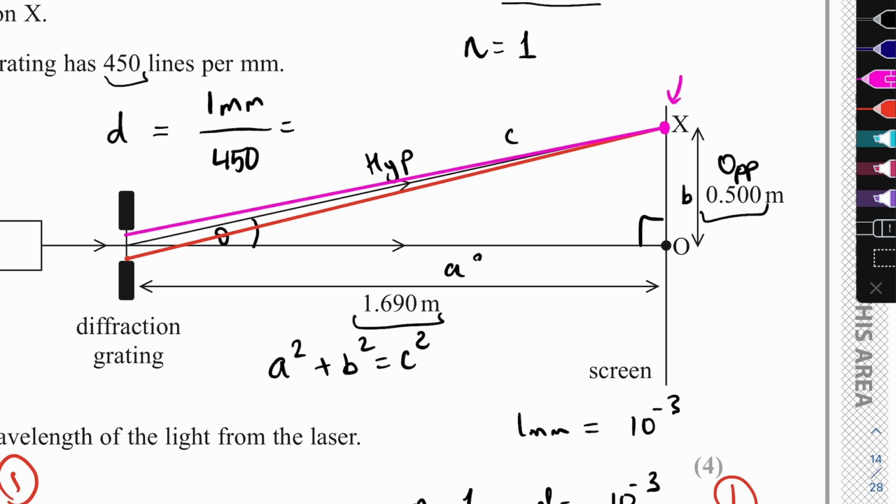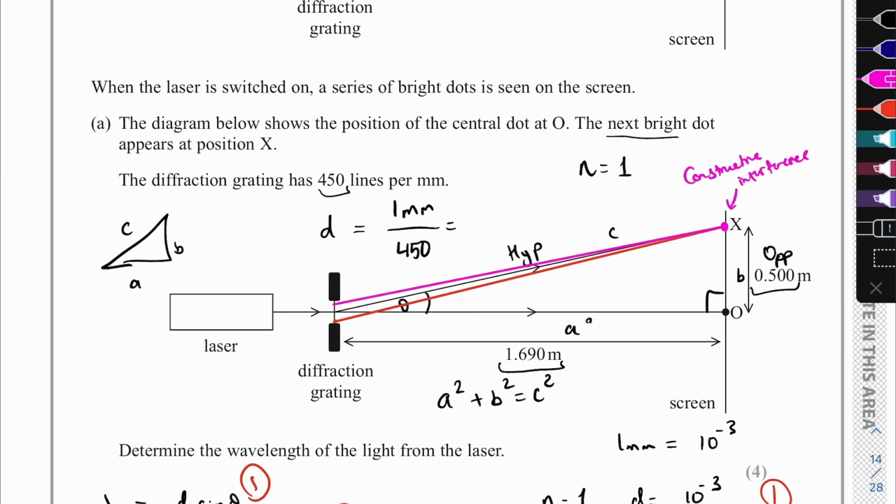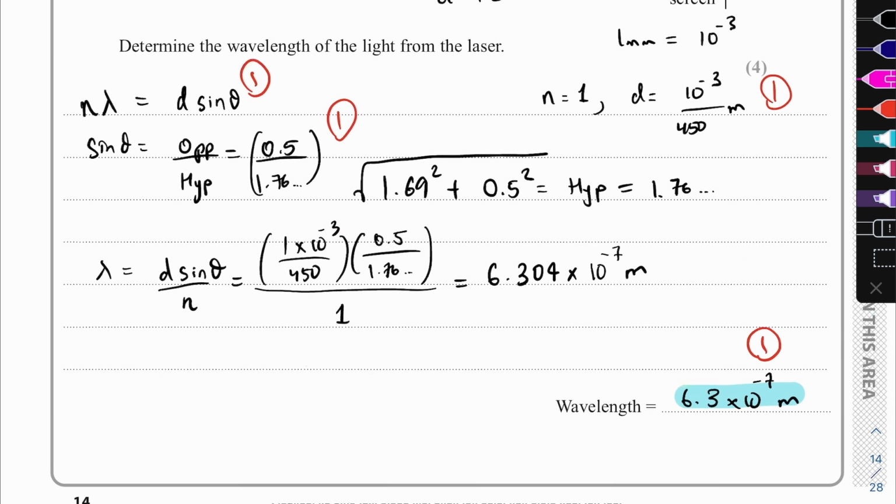But constructive interference is happening, to give us a bright dot. The bright dot. So what should we say?